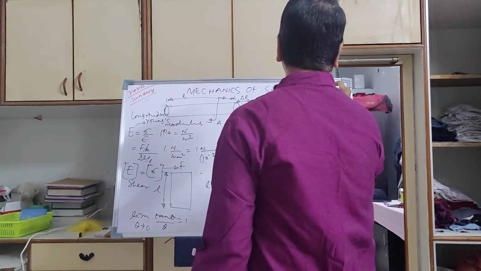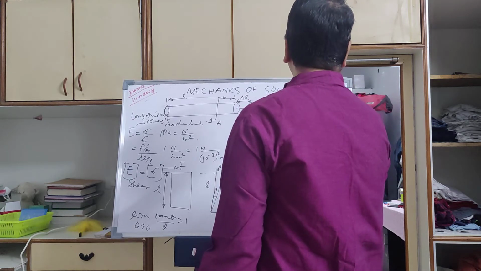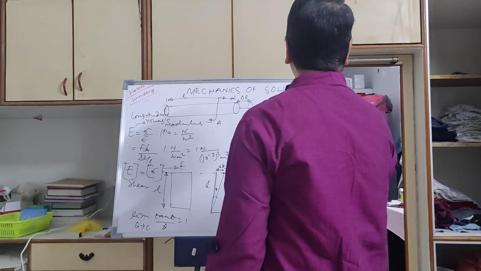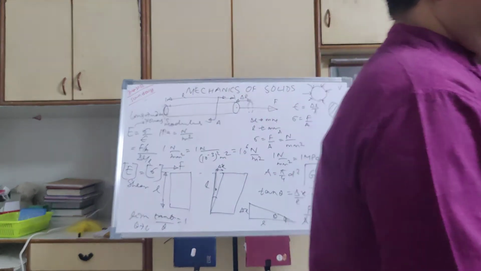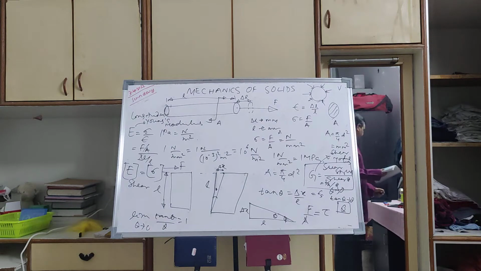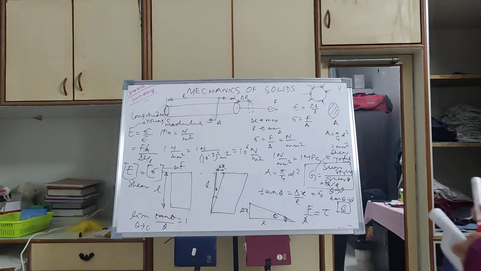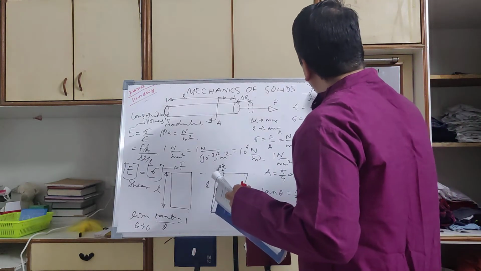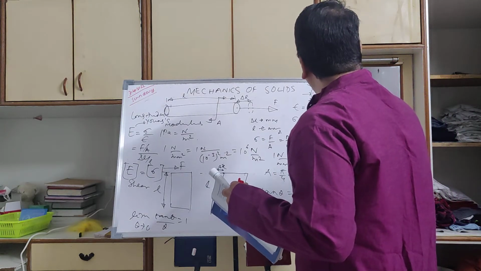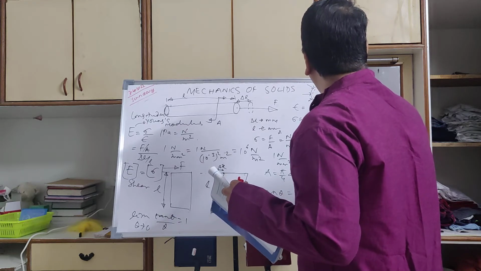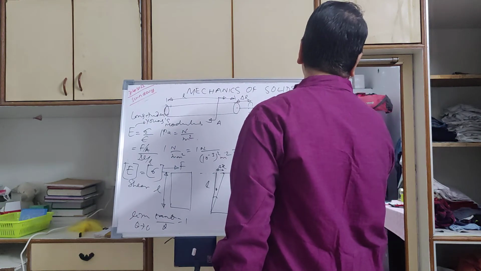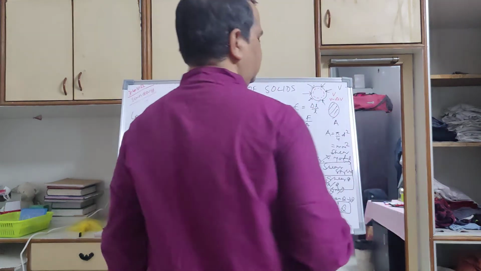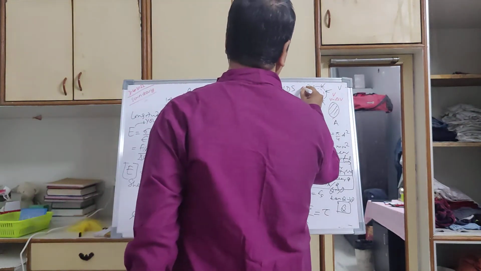Let us say the initial volume is capital V, and after you apply pressure the volume decreases. The initial volume is V and the final volume is V minus delta V, and what you are applying is pressure.